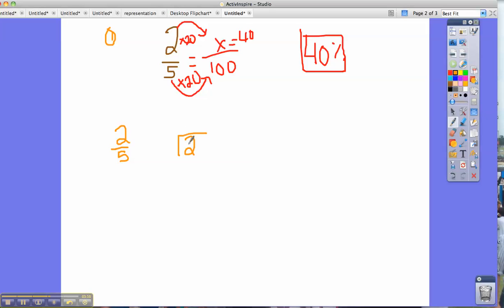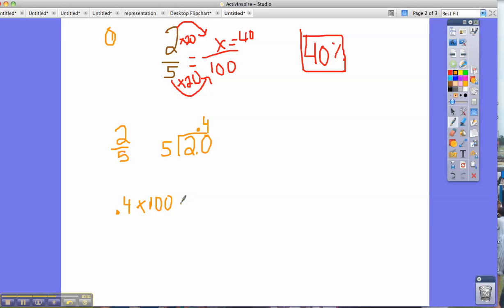So if we divide out 2 divided by 5, we would get 0.4. So now we have a decimal, then we have to change our decimal into a percent. Well, on that first page I said the way we change a decimal, 0.4, into a percent is we just multiply by 100.